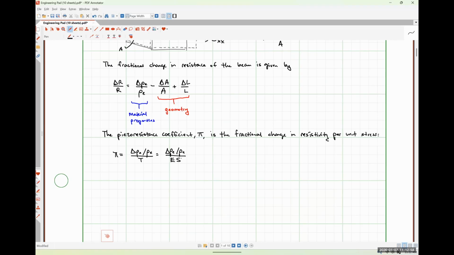Another important figure of merit that's used to characterize the piezoresistive effect is what's called the gauge factor.